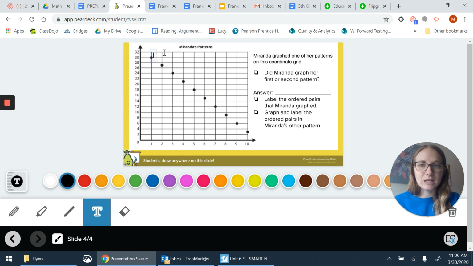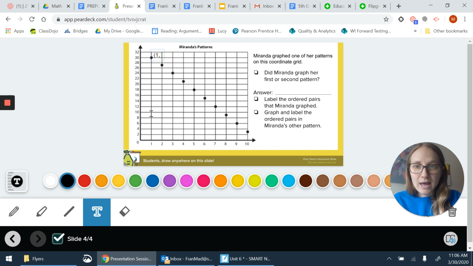So I'm going to click here, and remember when you list an ordered pair, you do a parenthesis, which is if you hold down Shift over the number 9, and you type first the number that's on your x-axis. So if I look at the x-axis, this one is at 1, so I type 1, and then I have a comma and a space.